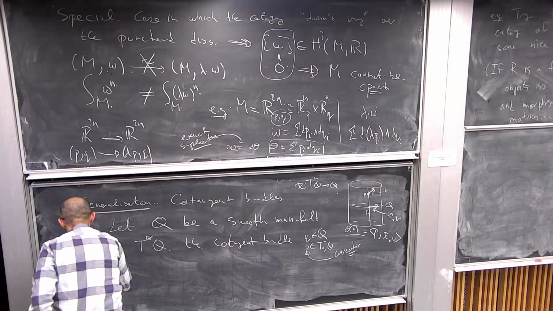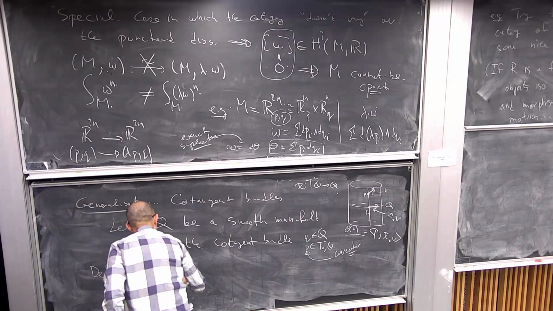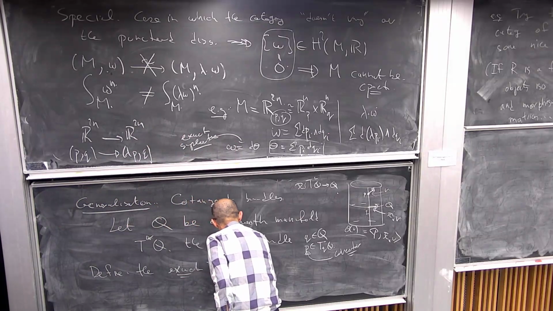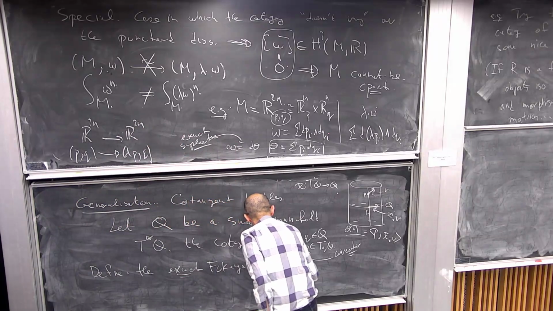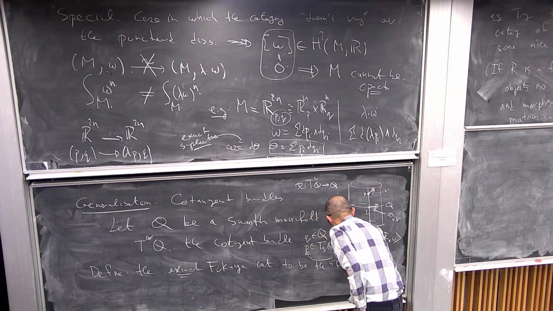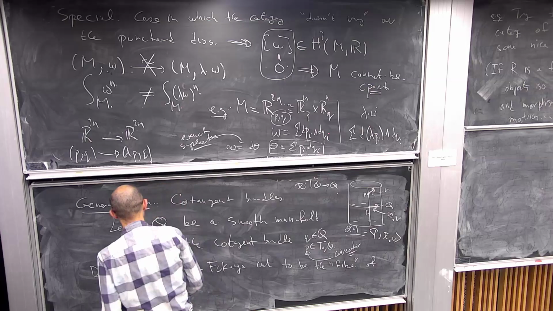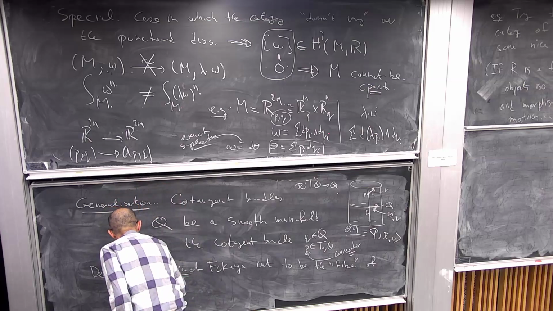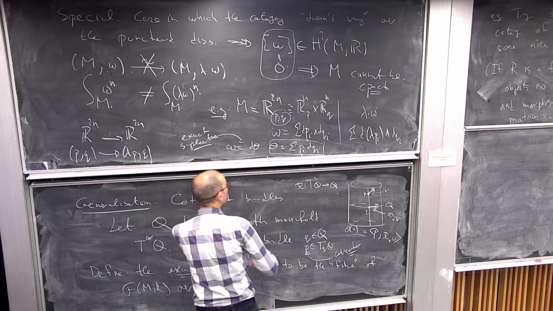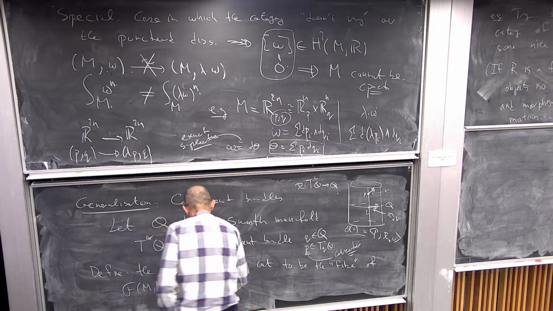So we define the exact Fukaya category to be the fiber of the actual Fukaya category F(M) over the point 1 in the punctured disk, or in fact any non-zero point, because they're all isomorphic.